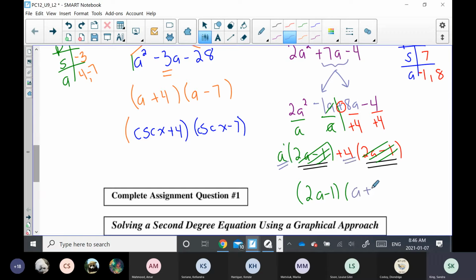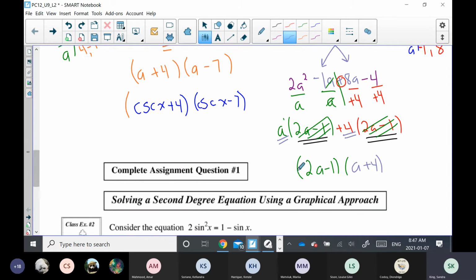Then we are done once we substitute back in what a was equal to, which was cos of x. So my final answer is 2 cos of x minus 1, cos of x plus 4.